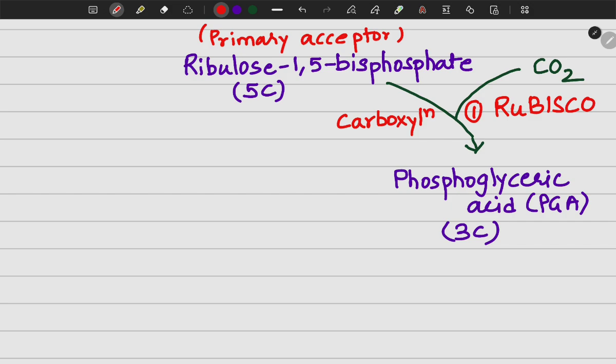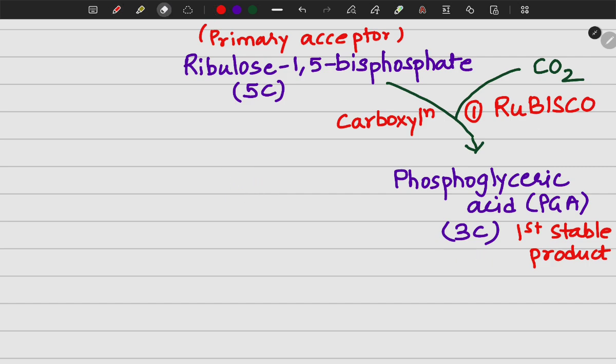The product of carboxylation is phosphoglyceric acid, which is the first stable product. Based on the first stable product, which is a 3-carbon compound, this cycle is called the C3 cycle, because the first stable product of this cycle contains 3 carbons, hence the name C3 cycle.